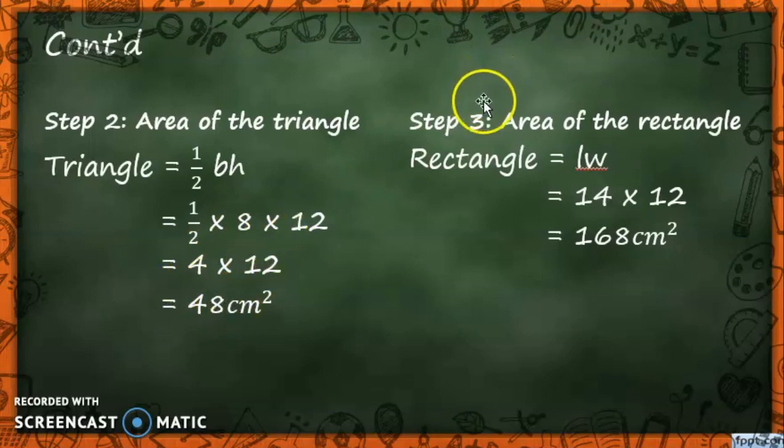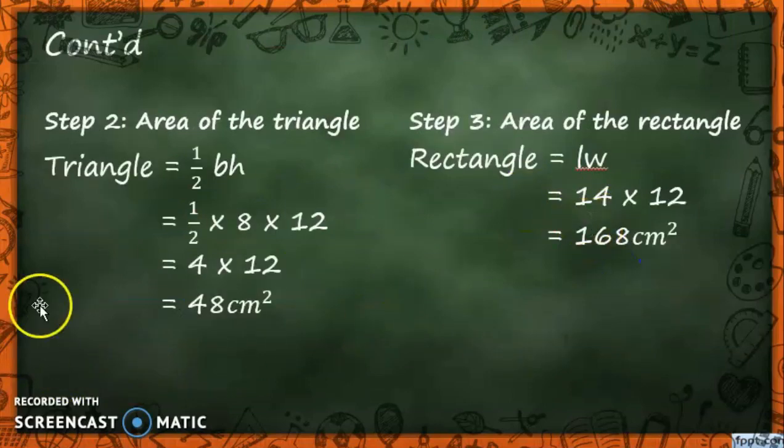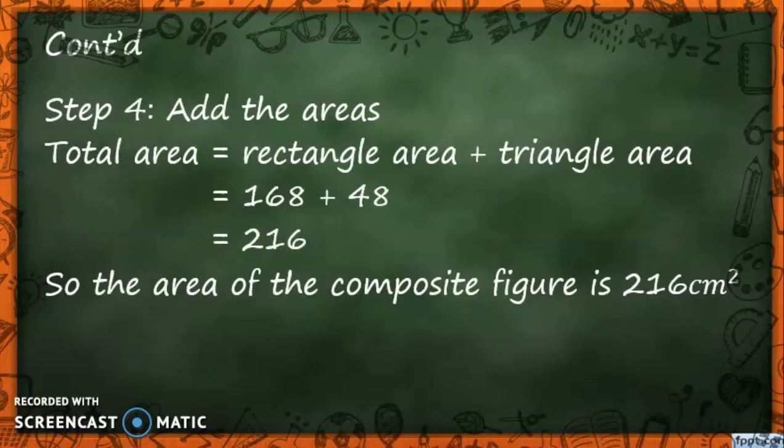Next, step 3, area of the rectangle. Length times width, which is 14 times 12, giving you 168 centimeters squared. Let's check our dimensions: 12, 14. So yes, we were correct. Step 4, as you have guessed, is to add the areas.